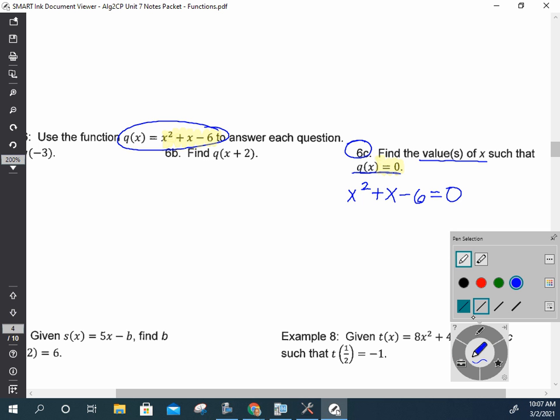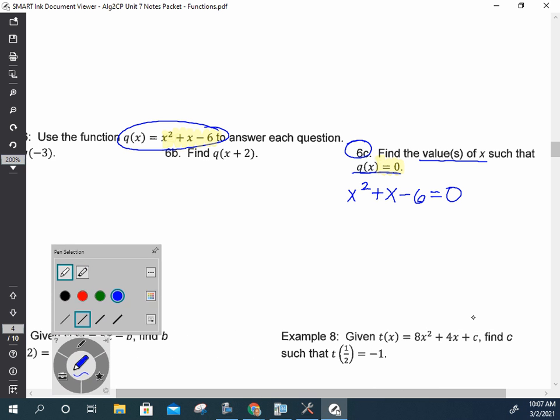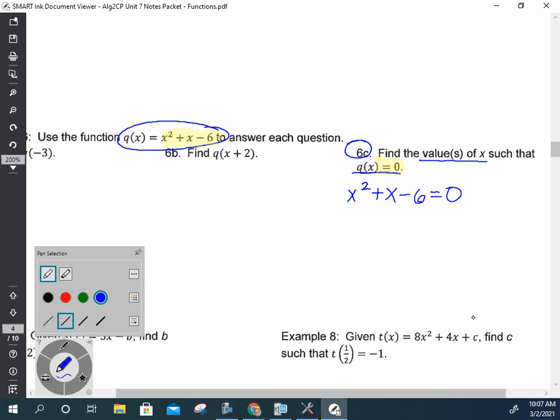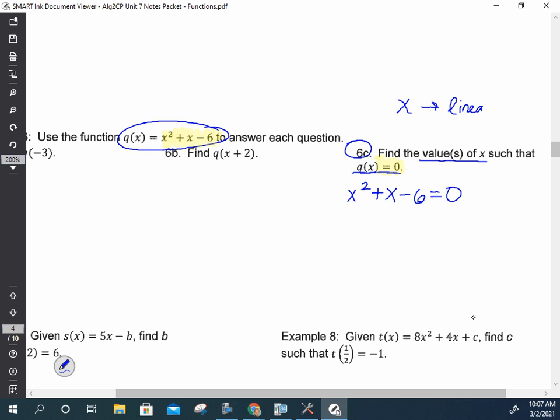Again, remember, if it's just x, then that's linear and we can start solving immediately. If it's x squared, then we're either using factoring, square roots, or the quadratic formula. So this is one in which we could factor.